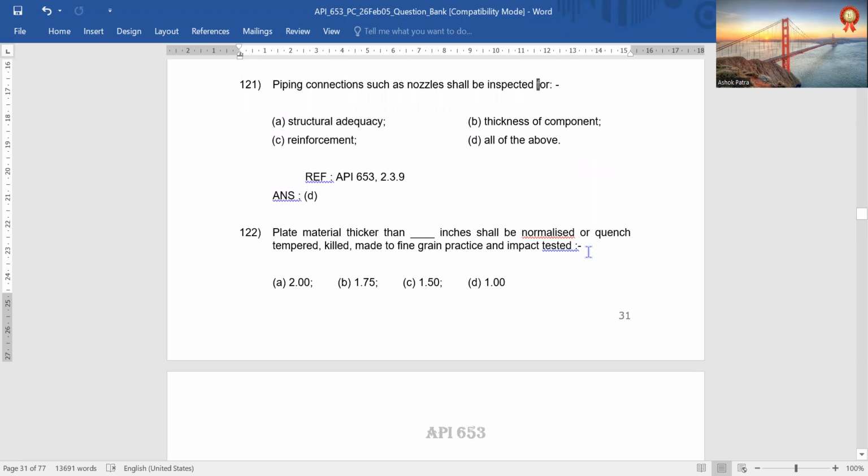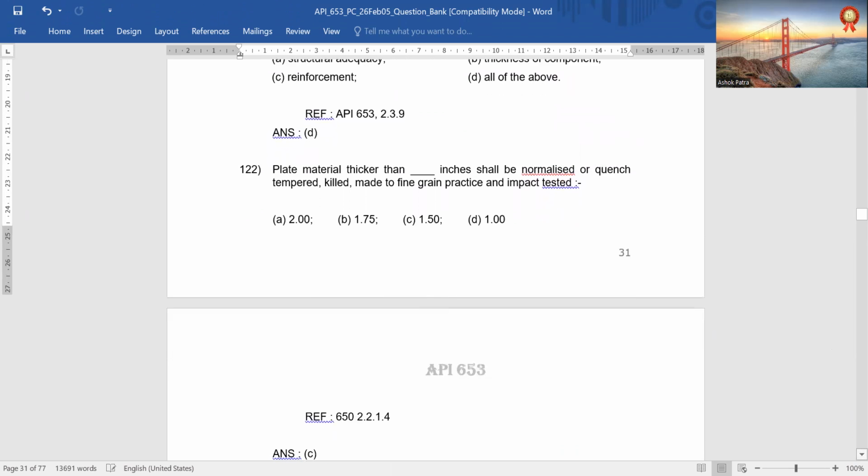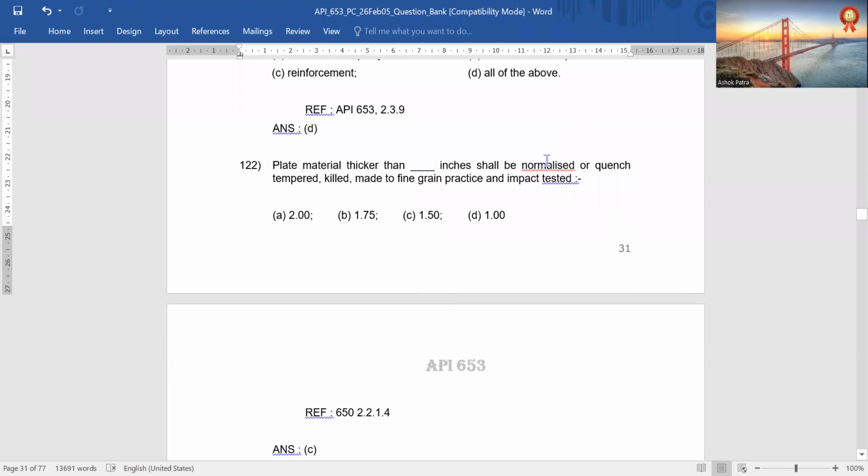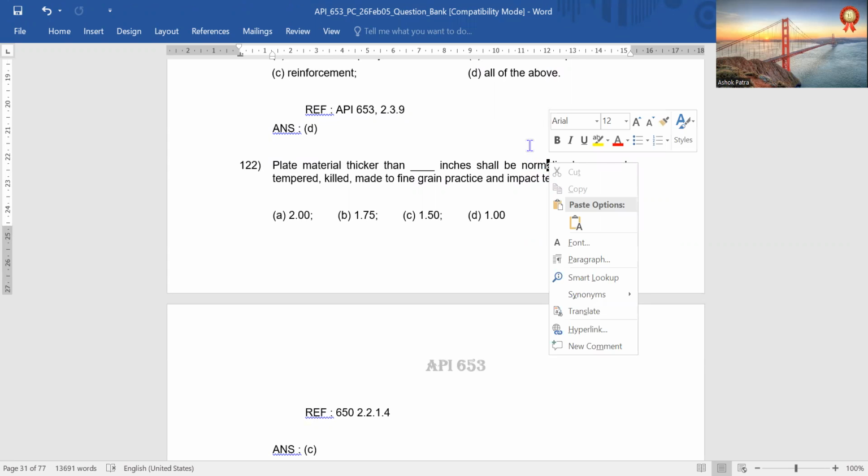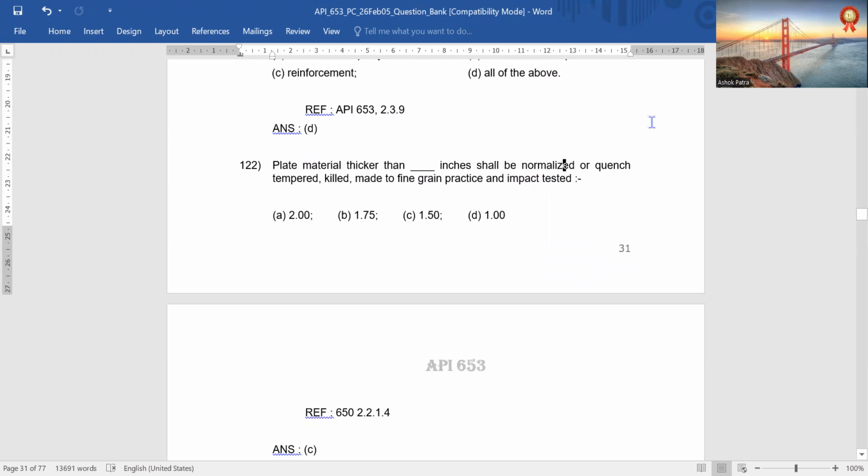Plate material thicker than 1.5 inches shall be normalized or quench tempered, killed, made to fine grain practice and impact tested.